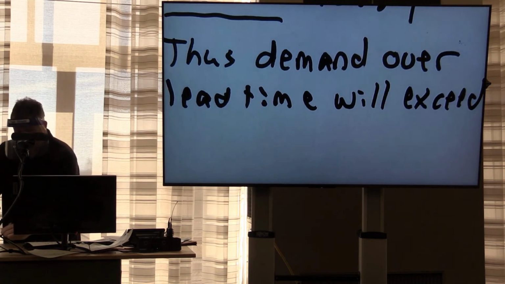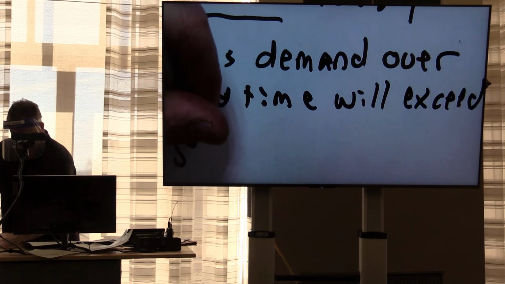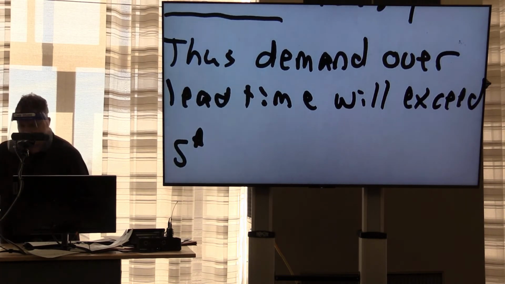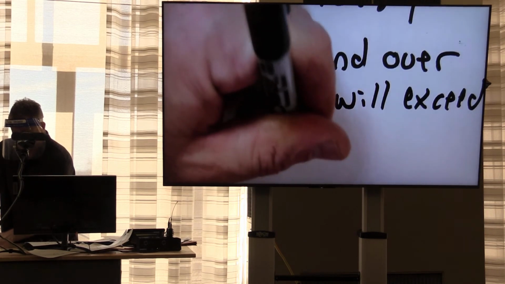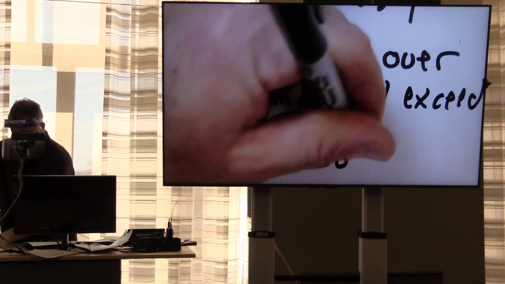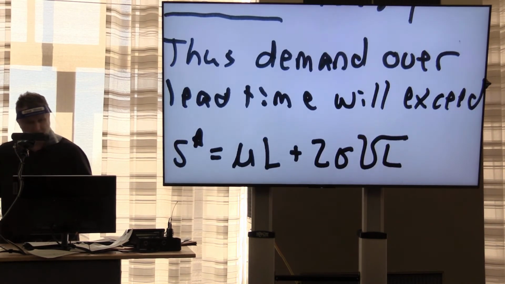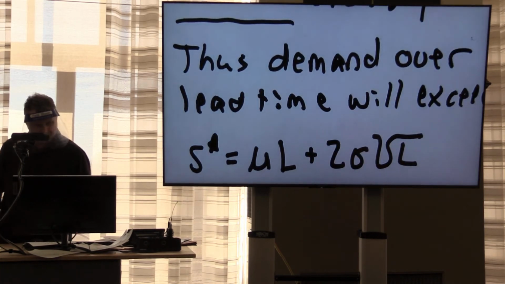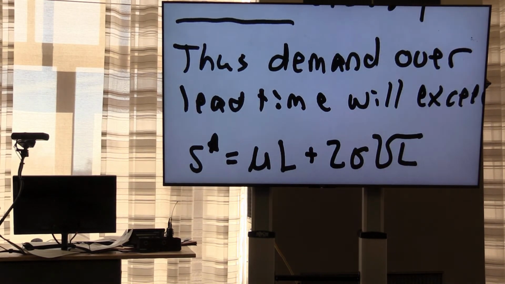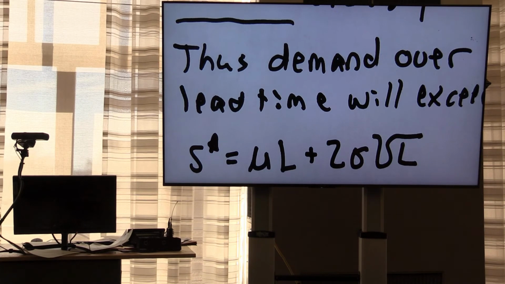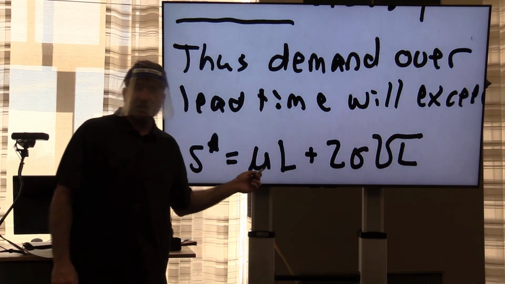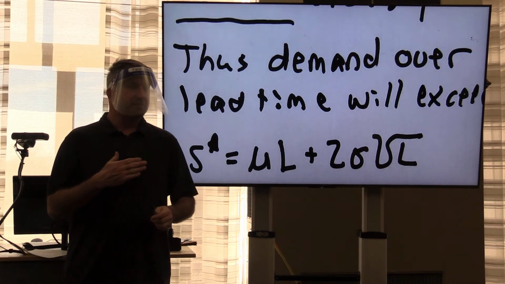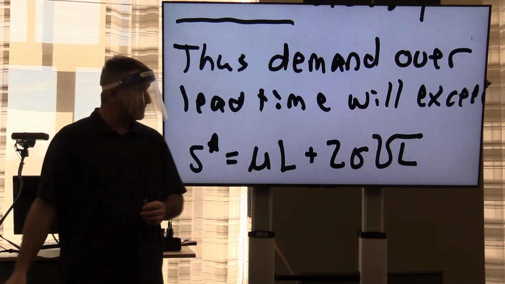will exceed this, the equation we're working to. S star is going to be our reorder point, and so mu times L is average demand over lead time.